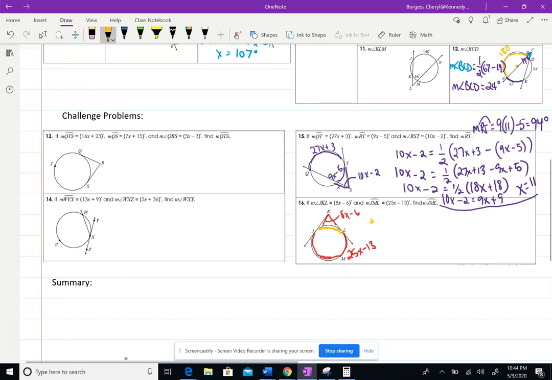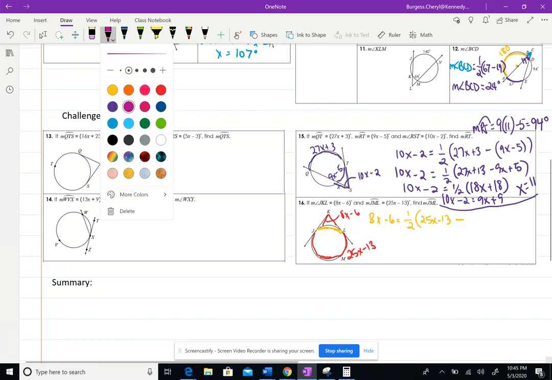So our angle, 8x minus 6, is equal to 1/2 of our major arc, 25x minus 13, minus, well, we don't have any information here, but we do know that the whole circle is 360, correct?